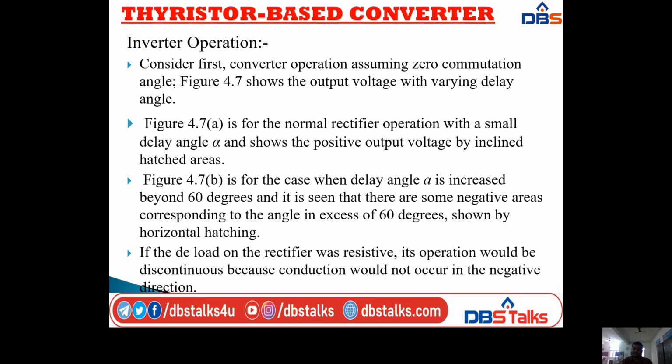Diagram B is for the case when the delay angle alpha is increased beyond 60 degrees, and it is seen that there are some negative areas corresponding to the angle in excess of 60 degrees, shown by horizontal hatching.